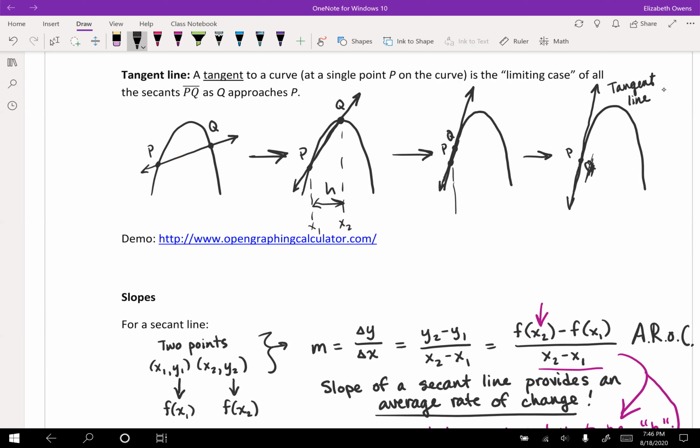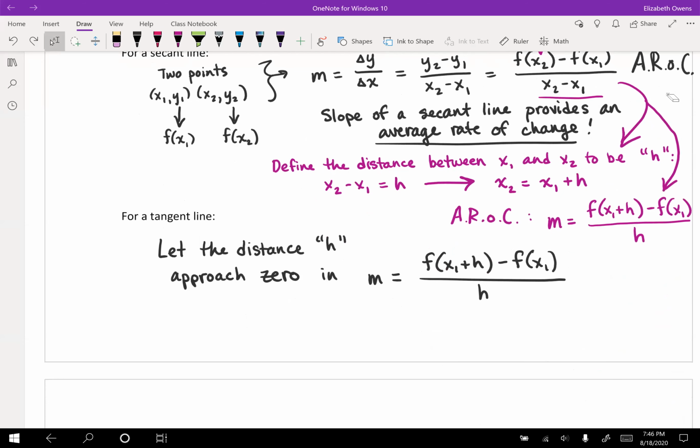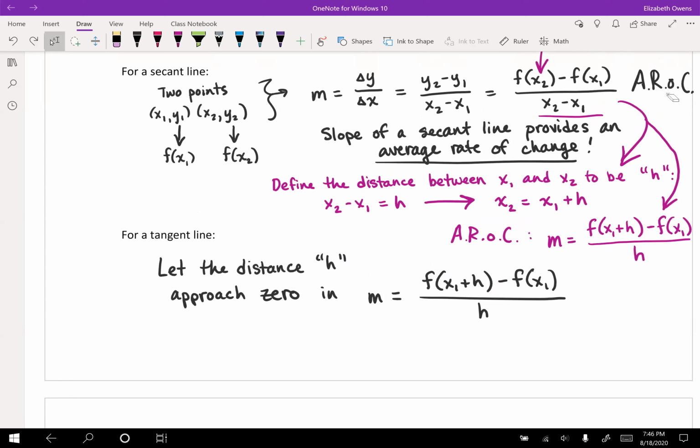That distance gets smaller and smaller until it basically becomes 0, no distance at all between the 2 points. And that's where we have our tangent line. So that is how we are going to calculate a tangent line slope. We'll do that in the next video.